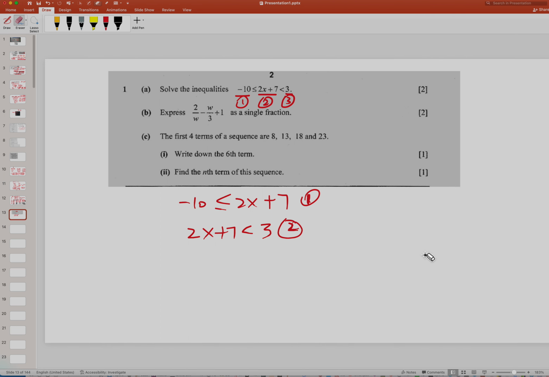So what's so special about solving inequality? Can you still remember the rule? Yes. So what's that? When you times or divide by a negative number, the inequality sign have to change, on both sides. Remember, must be on both sides.